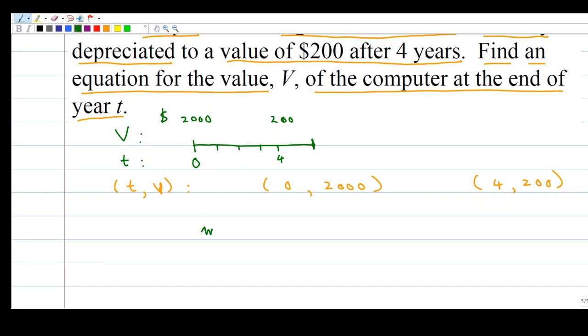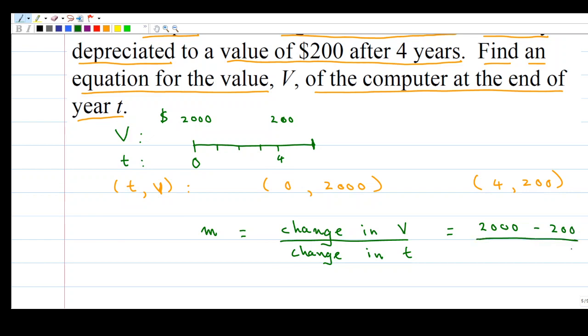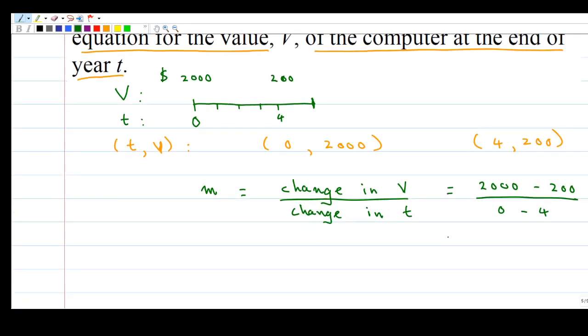So the gradient of the function is going to be the change in the output, V, over the change in the input, T. You can see that this is 2000 minus 200 all over 0 minus 4, which gives us 1800 for the numerator.